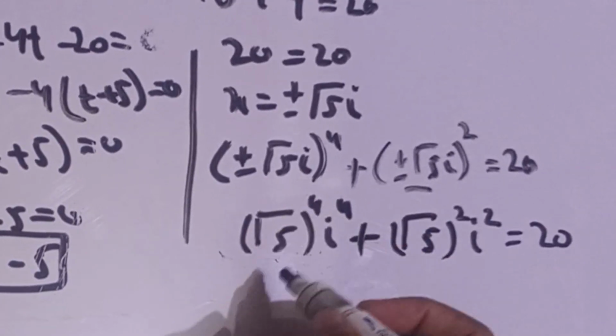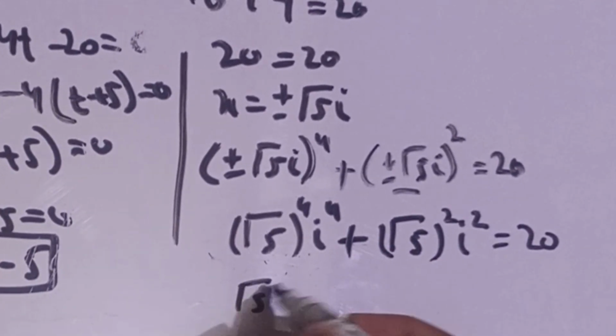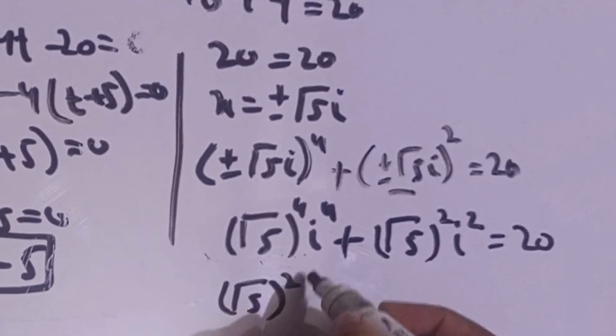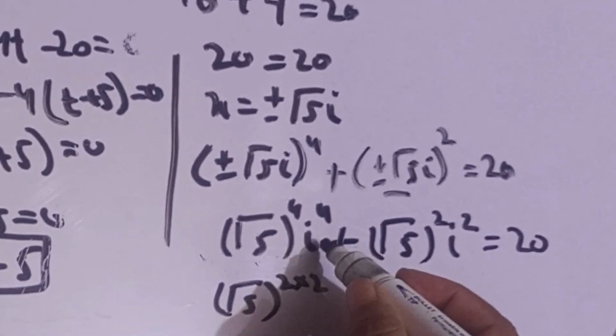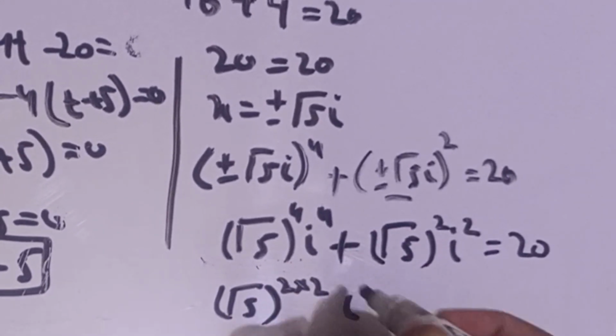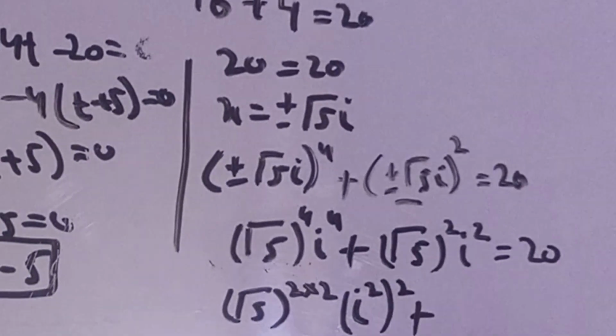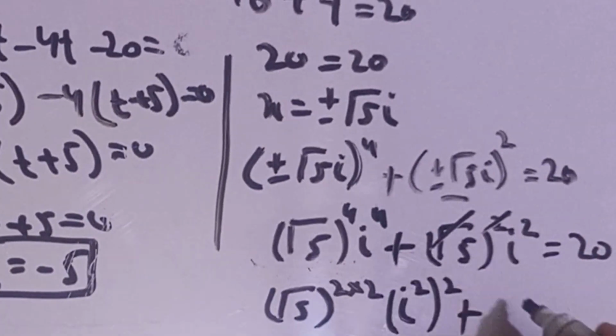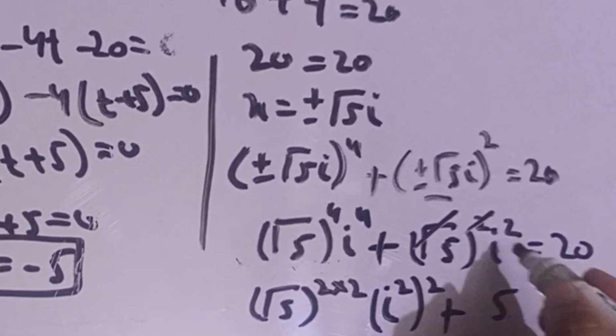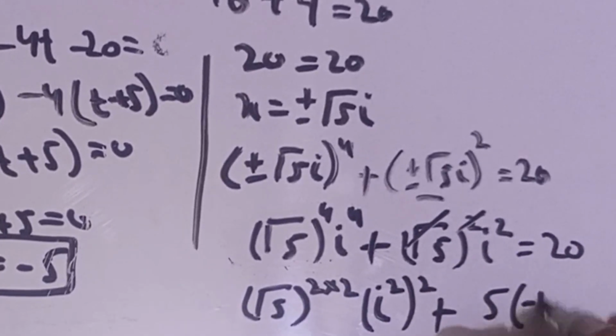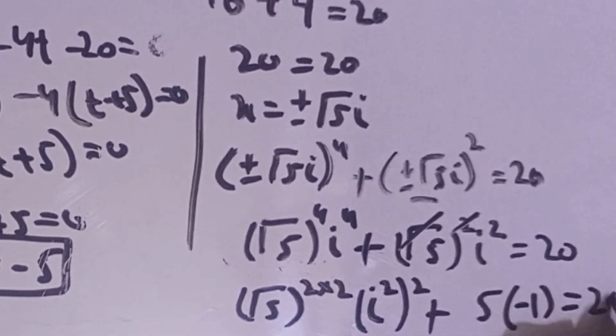Now we write this as square root 5 to the power 2 multiply 2, and iota raised to the power 4, we write as iota square whole square, plus square root 5 whole square, where the square and square root will cancel and we just get 5, and iota square is equal to minus 1. So here we write minus 1, it's equal to 20.